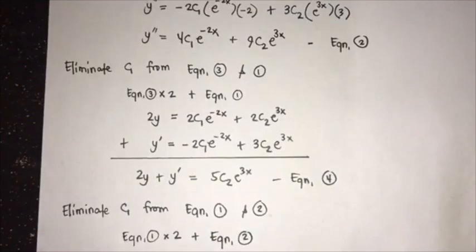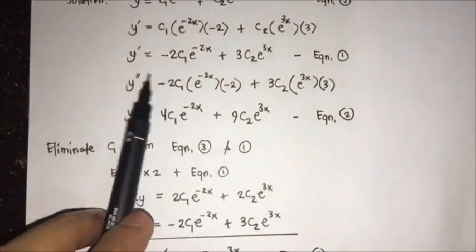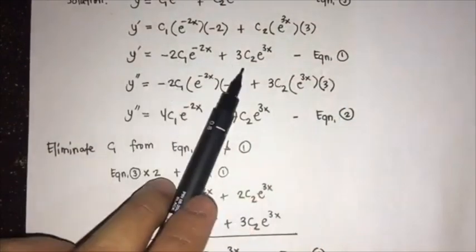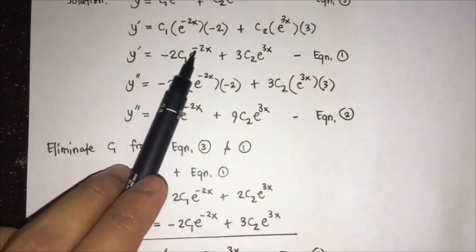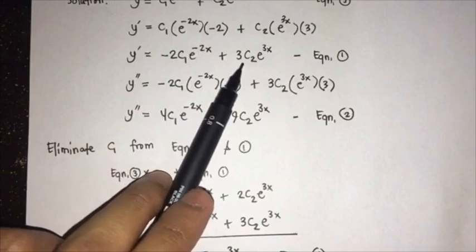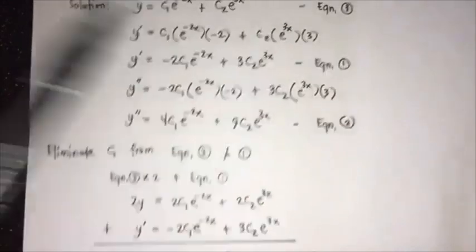Multiplying equation 1 by 2, we multiply all these by 2. So this will become 2y minus 4c1 e to the negative 2x plus 6c2 e to the 3x.